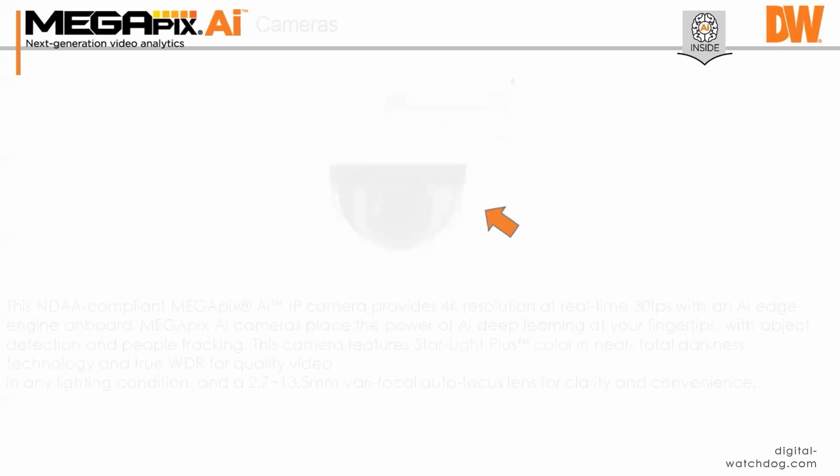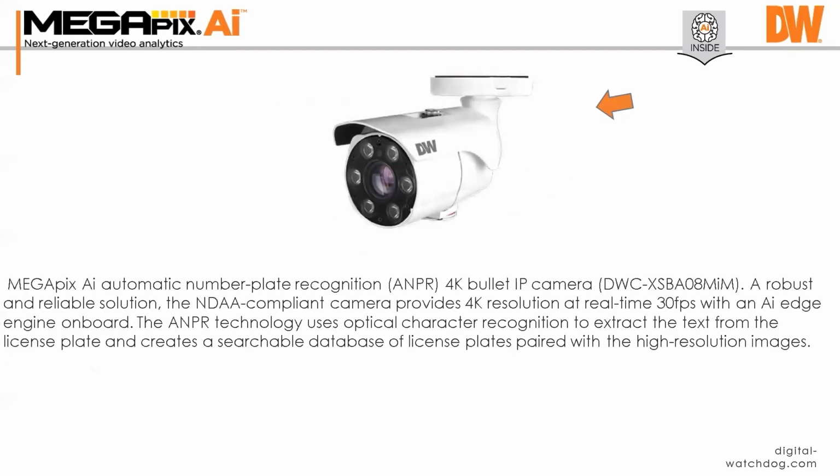And then we're releasing an ANPR camera, and we put that in our AI category because it is using video analytics to read what's on the plate. So we have ANPR, which is automatic number plate recognition. Again, I believe the release model is a 5 megapixel bullet, not a 4K bullet.